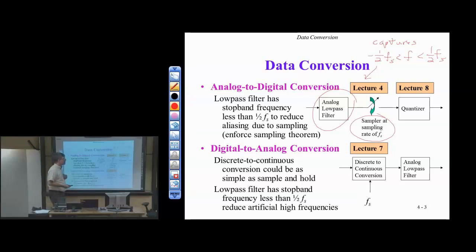And we're going to see later in Lecture 8 that it relates to how many bits we want to represent in the quantizer. If the quantizer is V bits, it tells us exactly what the stopband attenuation is. I'll give you the preview now. The stopband attenuation for the filter in dB is going to be some constant plus 6 dB per bit.